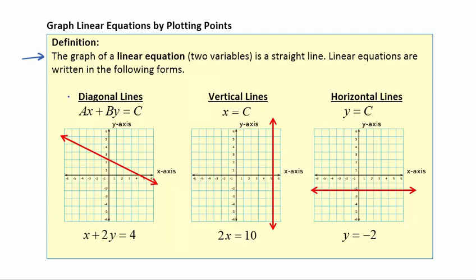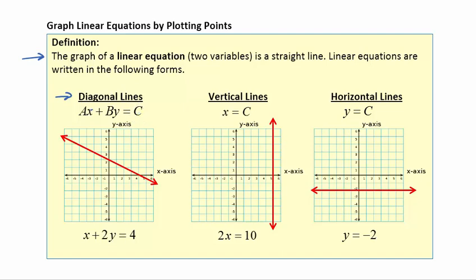The first types of lines we have are diagonal lines. In this case, this one is traveling downward. We could also have a diagonal line that's traveling upward, but basically not going perfectly vertical or perfectly horizontal. I'm calling that a diagonal line here. When we have a diagonal line, we're going to have this type of form of an equation: some number a times x, which will be our variable, and then plus or minus some number b times y, equals some other constant number c.